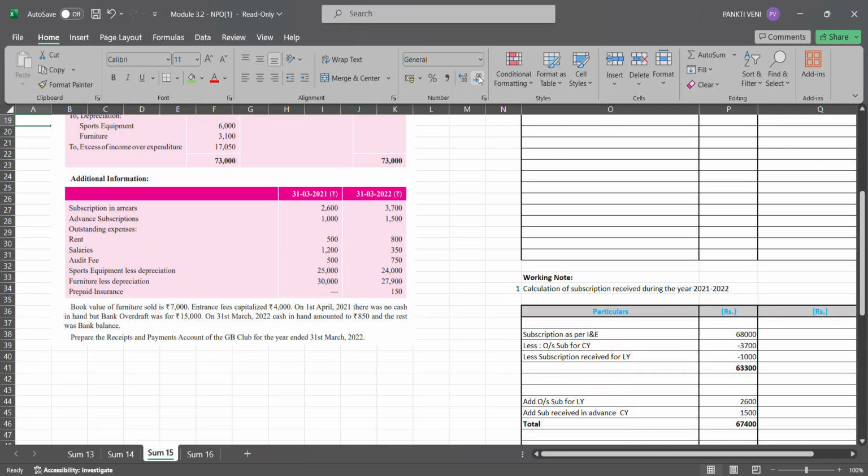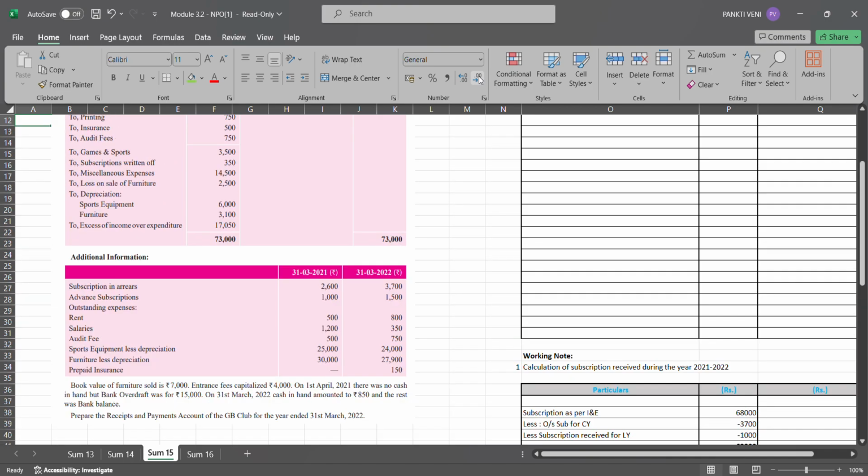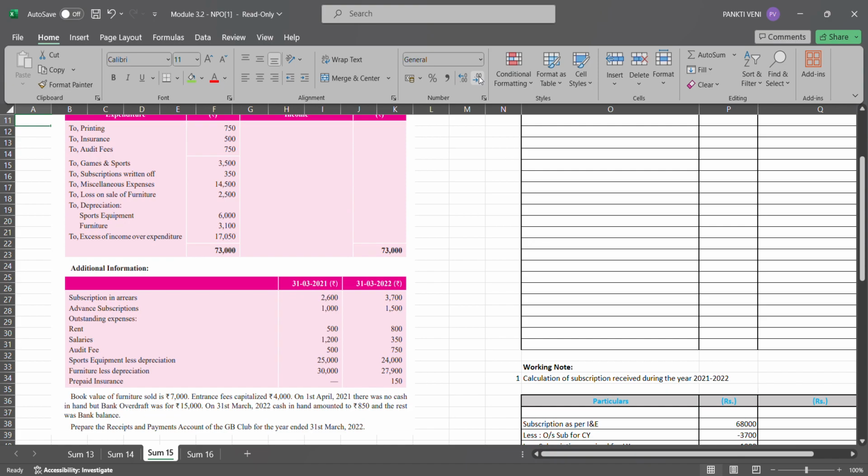Now what is next? Under the income and expenditure account, they have given me depreciation on furniture. So let me note down that depreciation on furniture, that is 3,100. Then they have given me loss on sale of furniture also, 2,500. So I'll have to note that down.